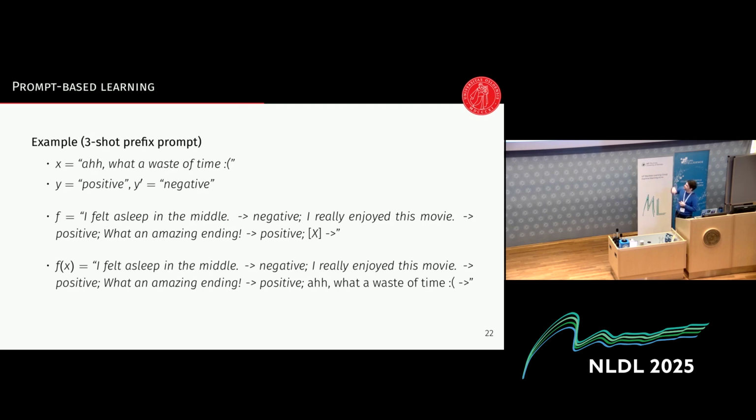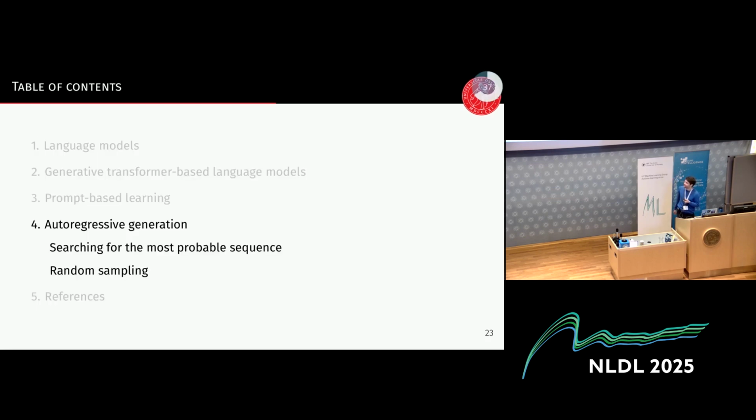Then we have another input and another gold label. And then another input and another gold label. And then we insert a new review, and we hope that the model can pick up this pattern and generate the word positive or negative, because it understands that this is the most likely sequence that follows. So this is the example of the filled prompt, and then the model should just generate the label negative or positive. And this is an example of this 3-shot prefix prompt.